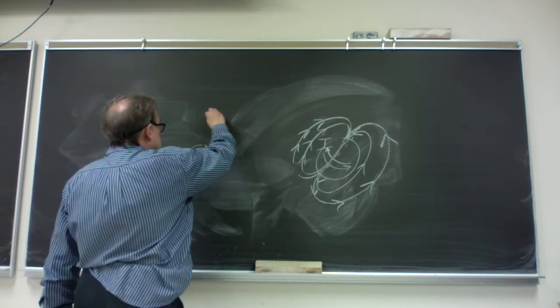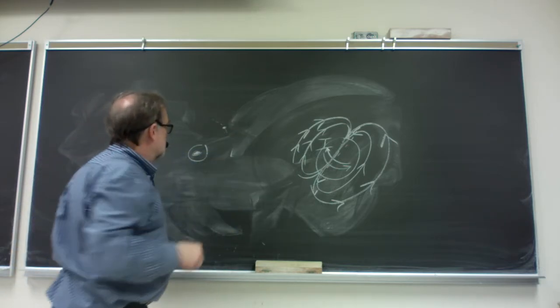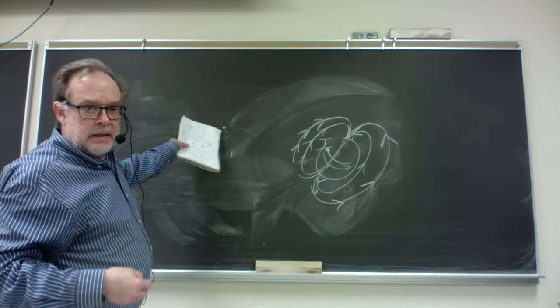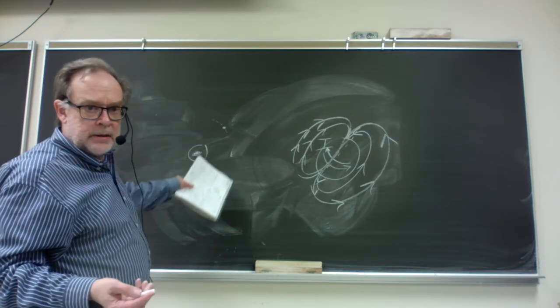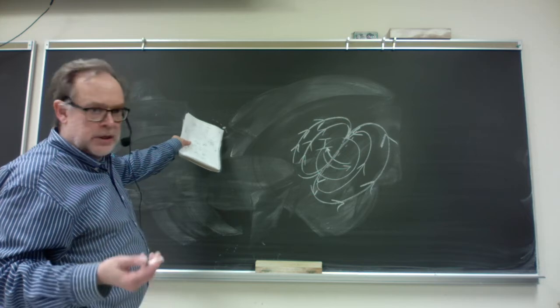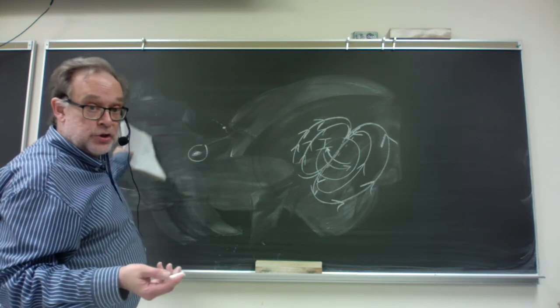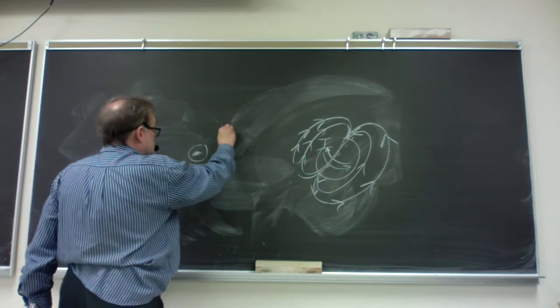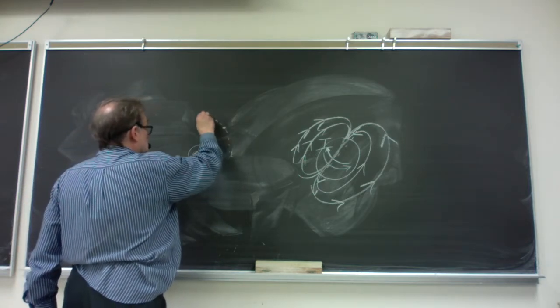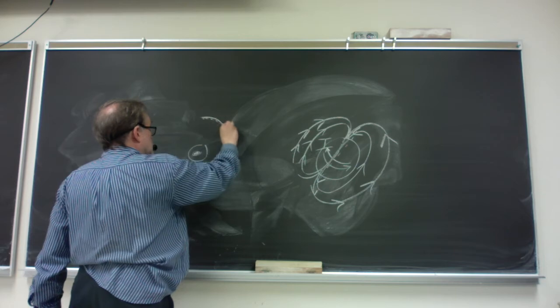Well, that point is on some magnetic field line, which is a circle centered on the current. So if I draw, say, maybe 1/4 of that circle, it would look like this.